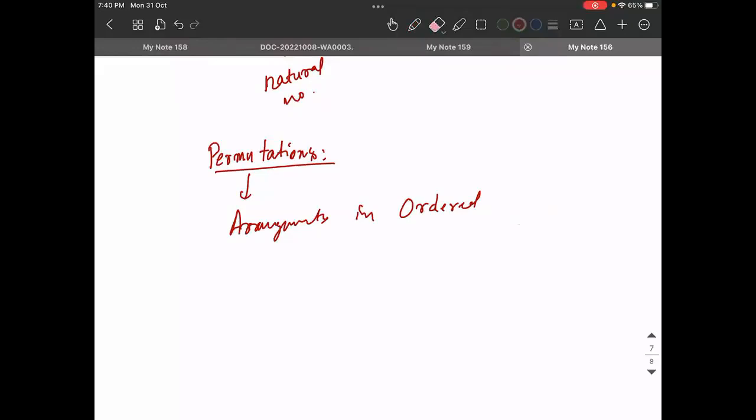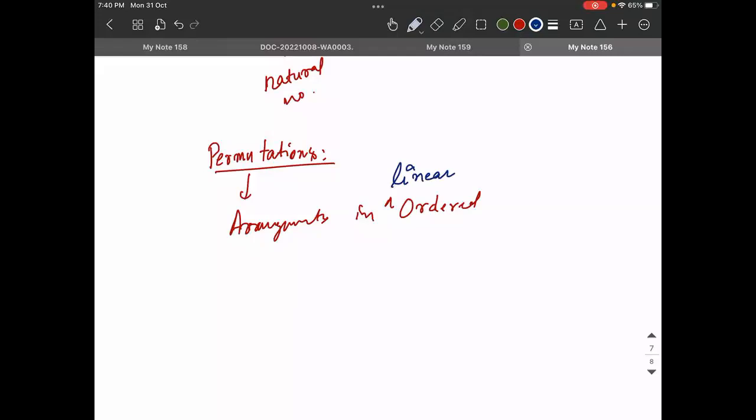Write it down. And in linear order. We don't do exponential, sorry, my mistake. Linear order, especially, when we arrange things in linear order, for that we need permutation. That arrangement is called permutation.